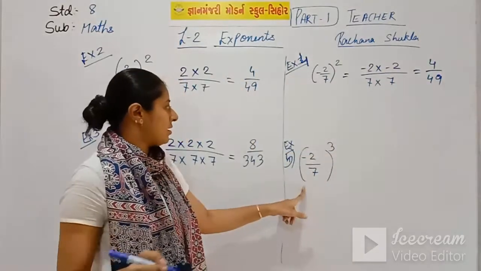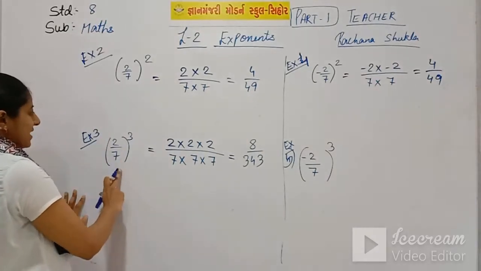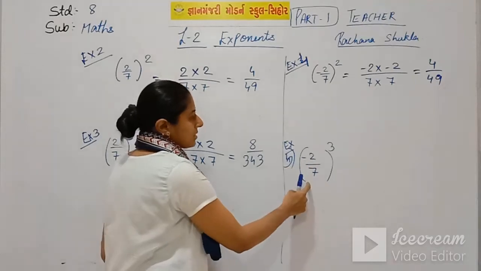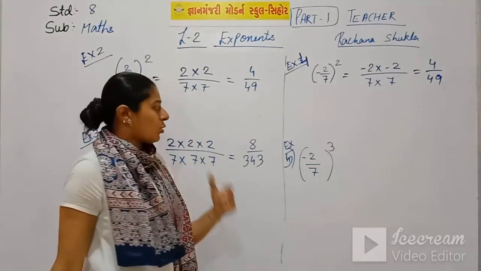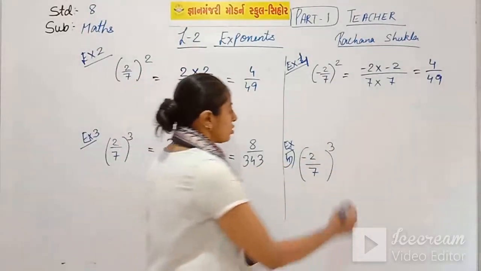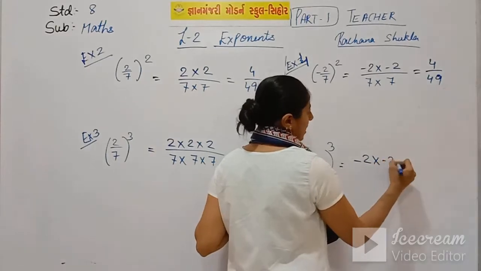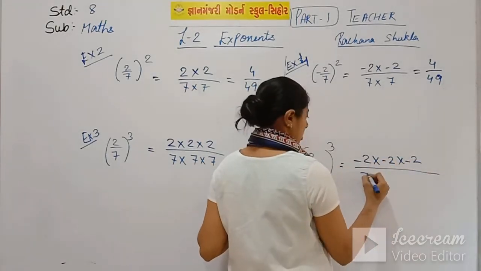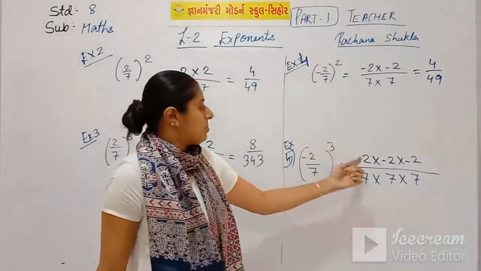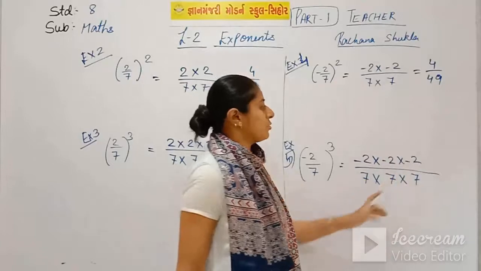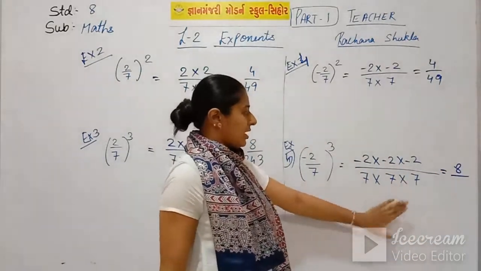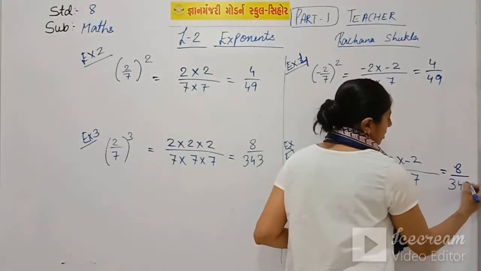But coming here, same sum, 2 upon 7 to the power 3, and the change is here, minus 2 upon 7 to the power 3. So, minus 2 into minus 2 into minus 2 upon 7 into 7 into 7. Minus 2 2s are 4, 4 2s are 8, upon 7 7s are 49, 49 7s are 343.